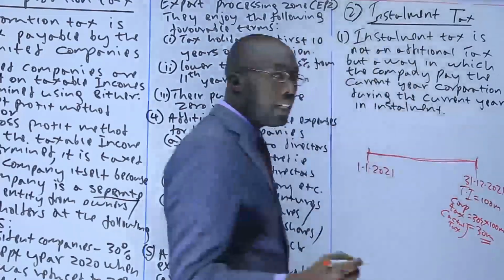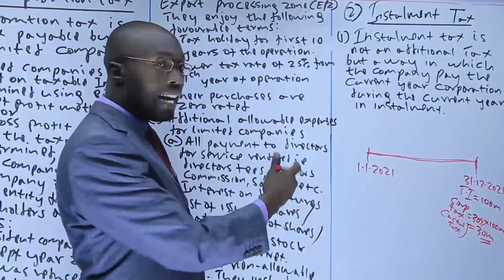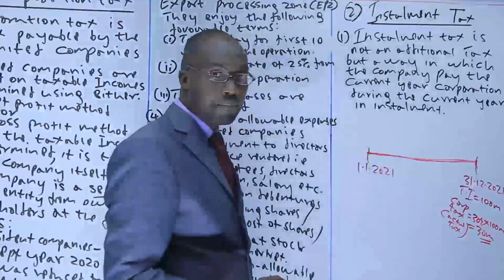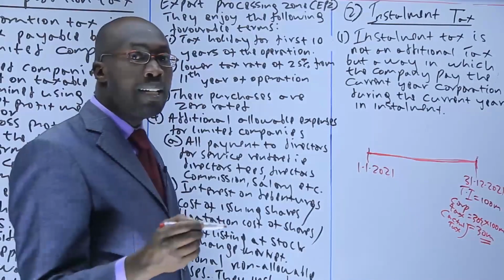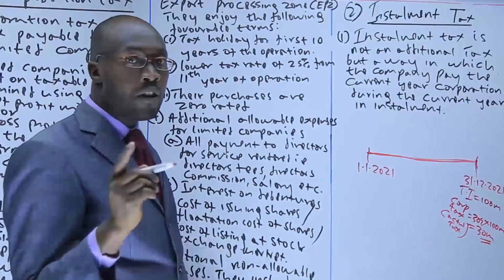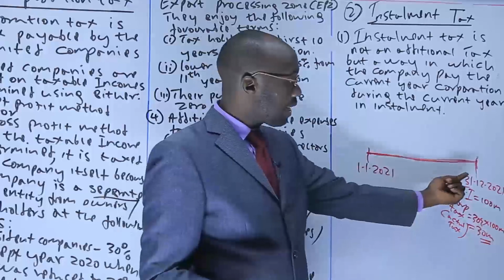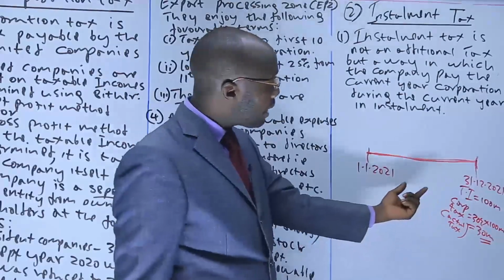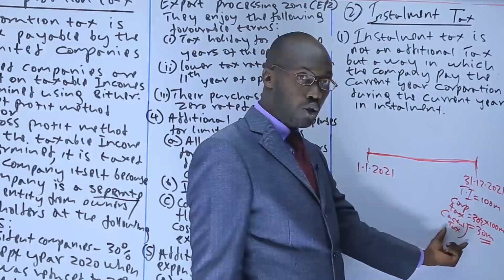But according to the Income Tax Act, that company is supposed to have paid that tax during this year as it was operating. So how was it supposed to be paid? It was supposed to be paid in installments. But now the question is, how can you tell a company to be paying that year's tax during that year in installments, whereas it has to get to the end of the year to determine the taxable income and the tax it is supposed to pay?